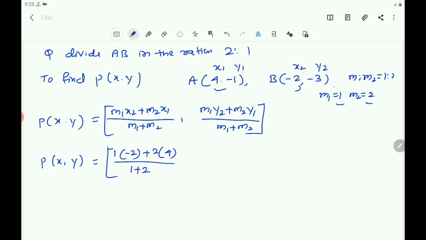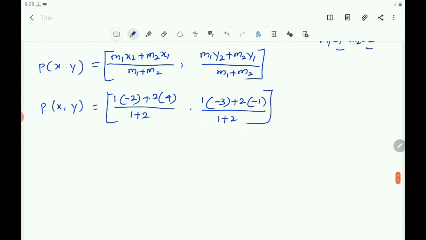Then m1 is 1 into y2, y2 is -3, plus m2 is 2, y1 is -1, by 1 plus 2.